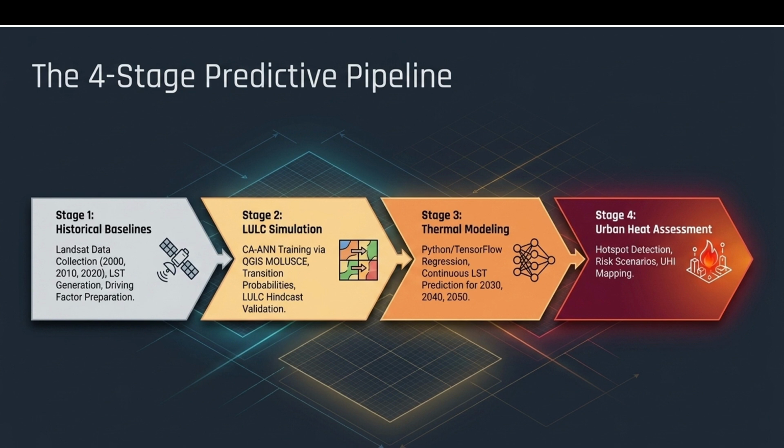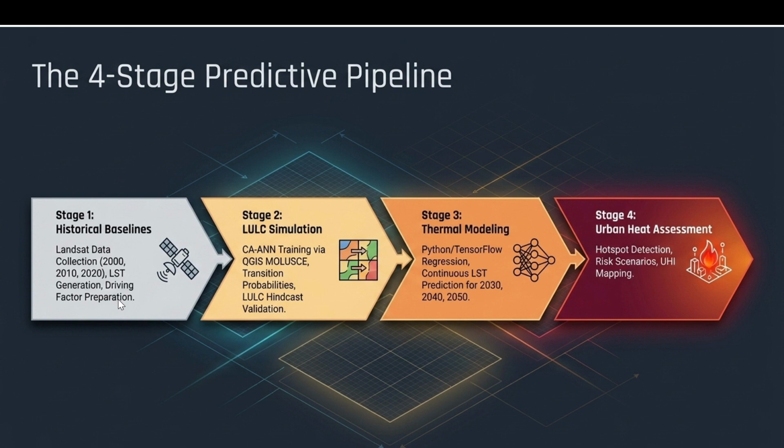If you check the strategy, the first stage we already know. First, we need the historical baseline, mainly LST for 2000, 2010 and 2020. I just put a 10 years interval. We generate LST for 2000, 2010, 2020, and also need driving factor preparation.